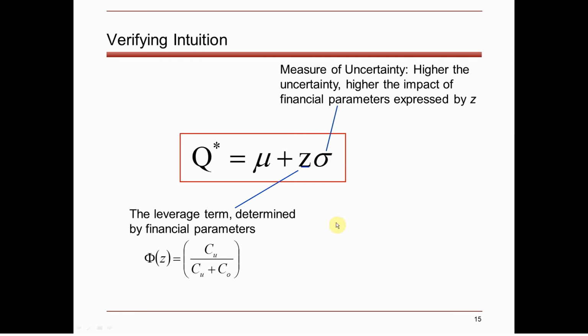The way we look at this is that mu is going to be how many newspapers we'd keep if we didn't know about underage and overage. But since that demand is uncertain, the z is going to be what we call the safety factor. It's basically going to be positive if we need to keep more newspapers, negative if we need to keep fewer.